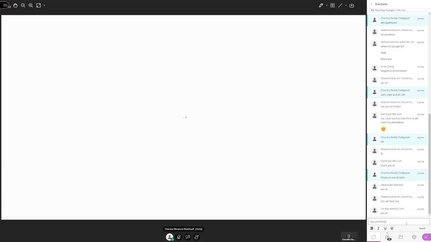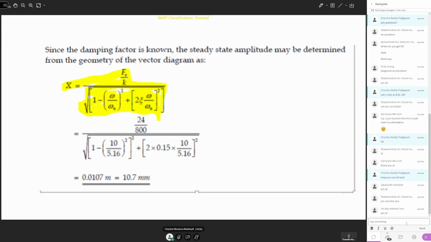Then omega over omega n, where omega is, we know, 10, the external frequency, and the natural frequency we calculated is 5.16. So this will be your r, or we can also write it as omega over omega n. You just use the equation and calculate, and you can see that the maximum amplitude or the maximum displacement is 10.7 mm.